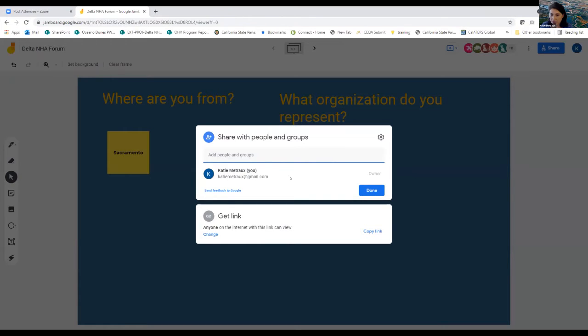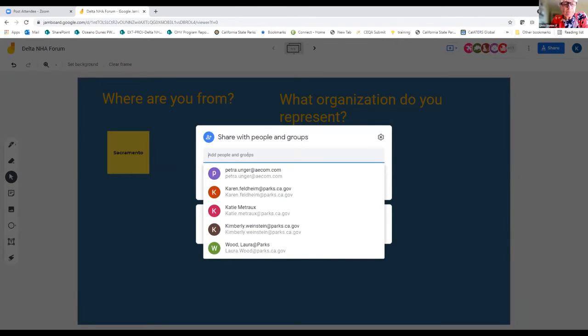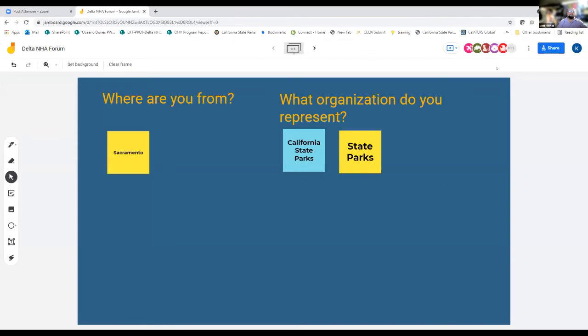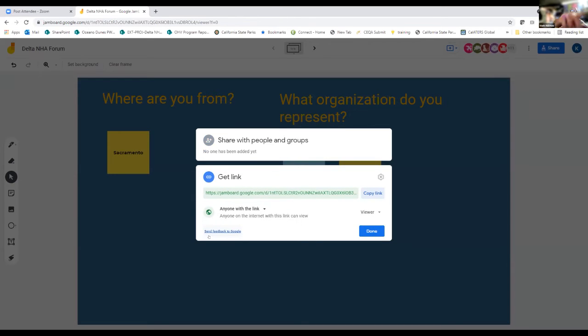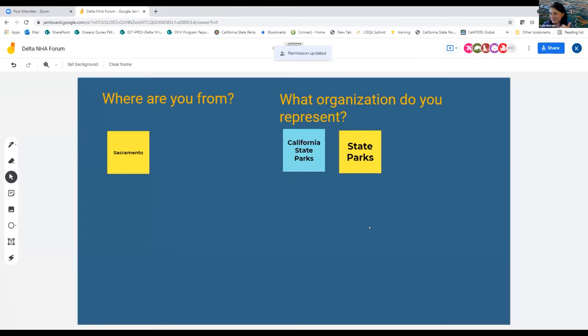I didn't want to have to add. Yeah, I'm in view-only mode on mine. Yeah, so Katie, when you go to share, you got to click that change button, anyone, click change, and then go up to the right above done. And now we can edit. Thank you. Yeah, I've lost 10 minutes of workshops to that myself.